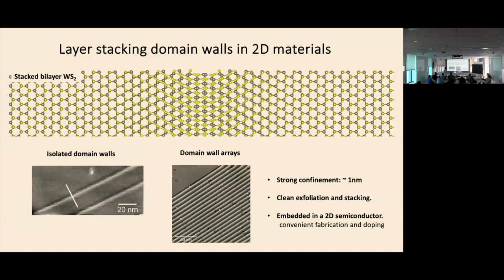But in this case, making use of all the things we have learned about exfoliation and stacking, we can keep the system rather clean. Also, because these 1D domain walls are embedded in a 2D system, when you make electrical contacts and devices, it's much more straightforward and allows us to control the doping and do all kinds of measurements much more conveniently.